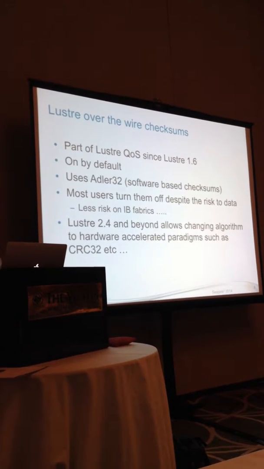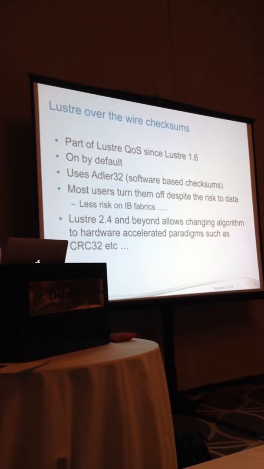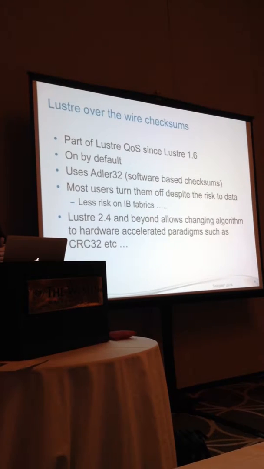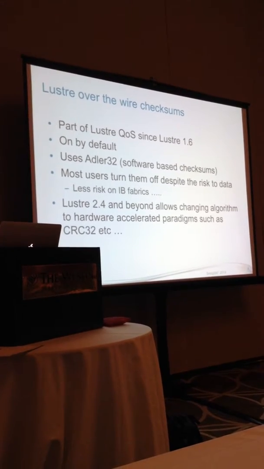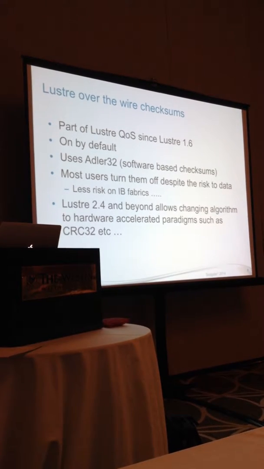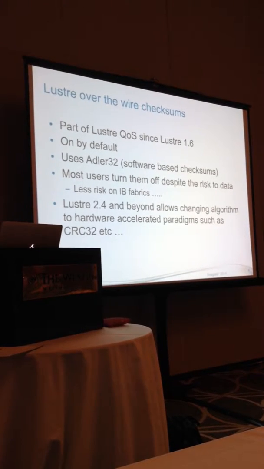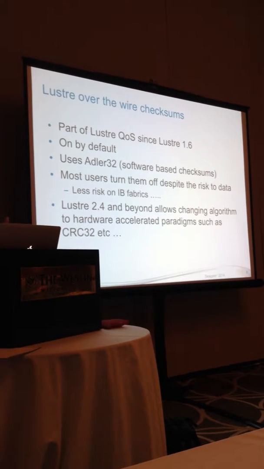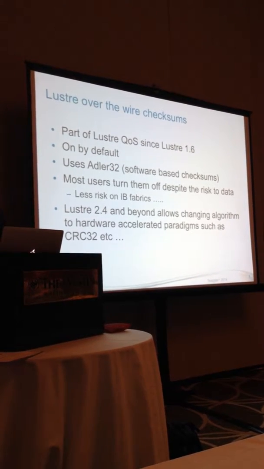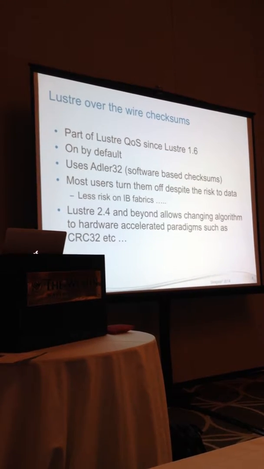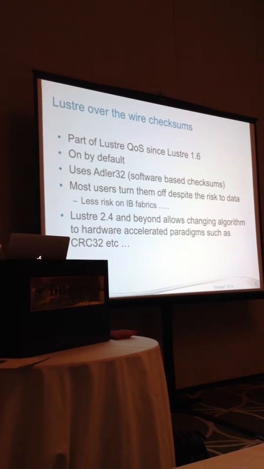ADLER32 is only software-based, there's no hardware acceleration today, and it really has an impact on CPU utilization. If you see a client running this, it will use about 20% more CPU to do these calculations. I said most people turn it off because they don't want to lose that extra overhead. And that overhead, from tribal knowledge, is said to be about 10 to 15% most of the time.